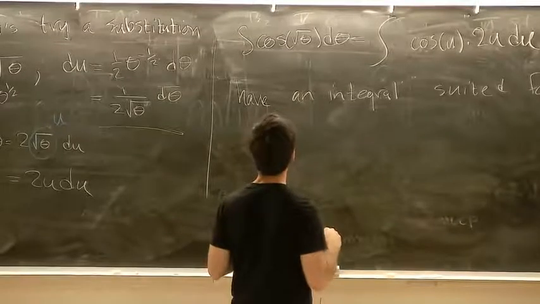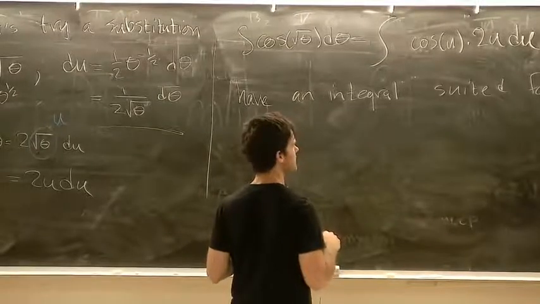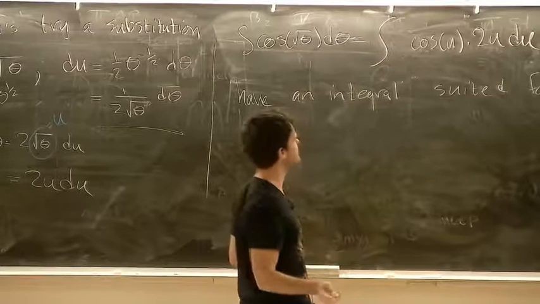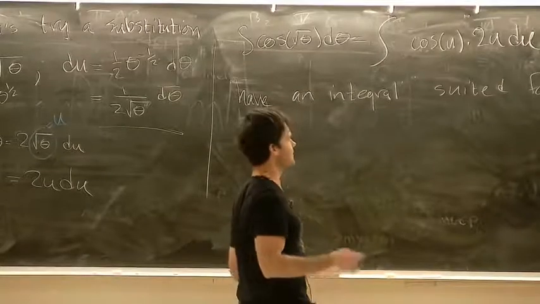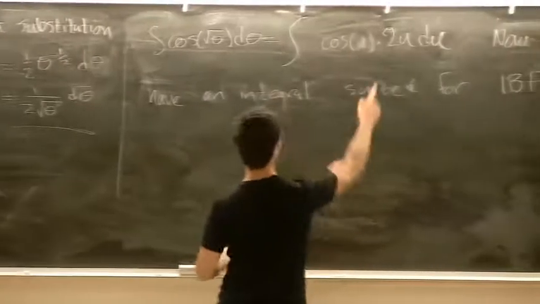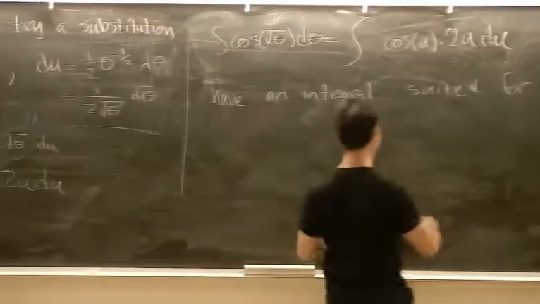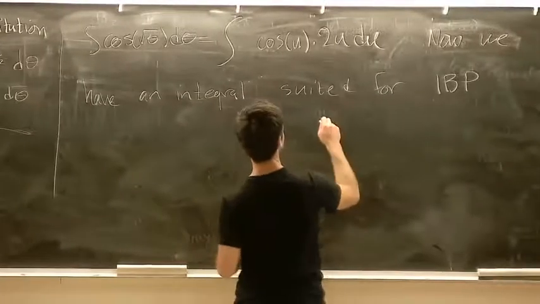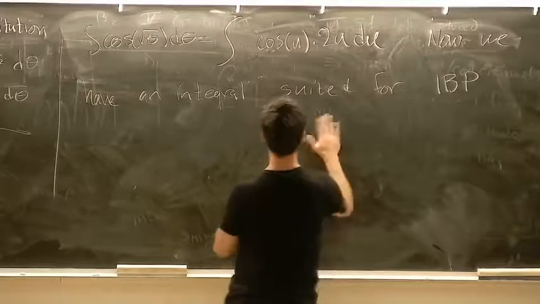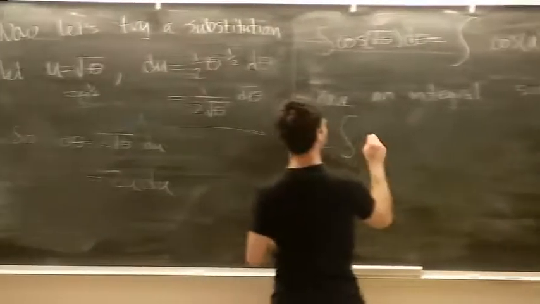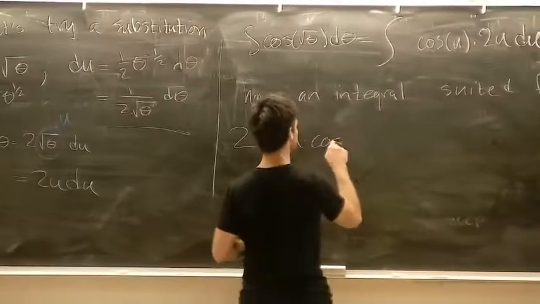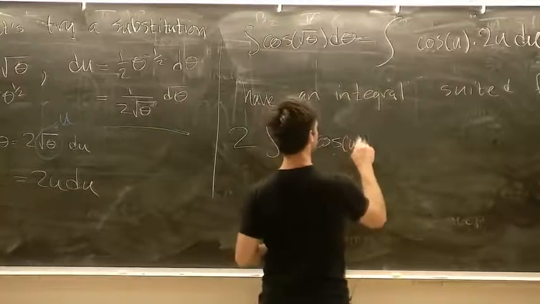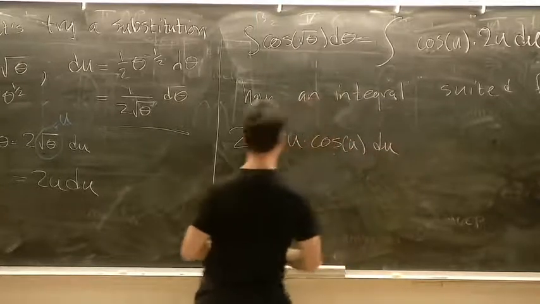Oh, but I already used the letter u. Can't integrate by parts if I can't call something u. Okay, well, I'll just let u be u. So I get 2 times u times cos u du.